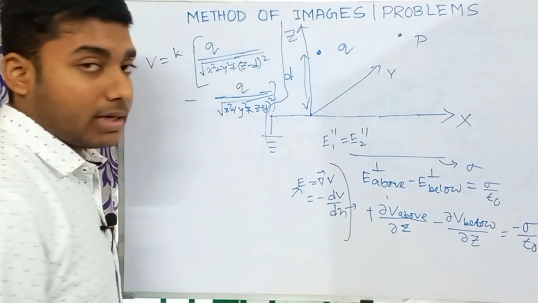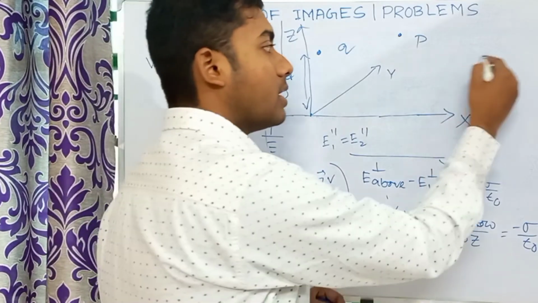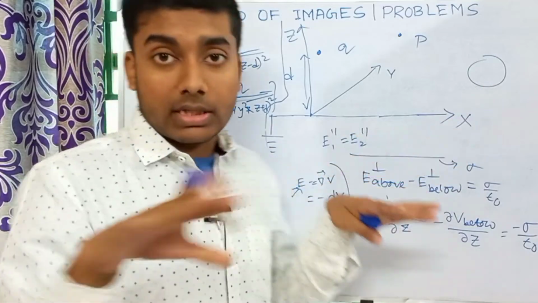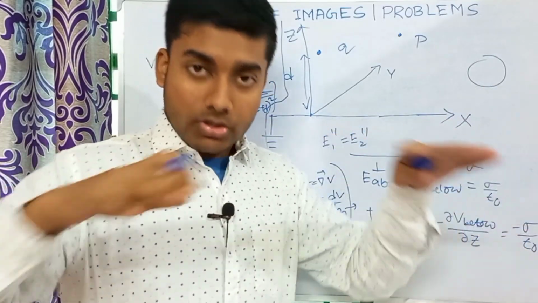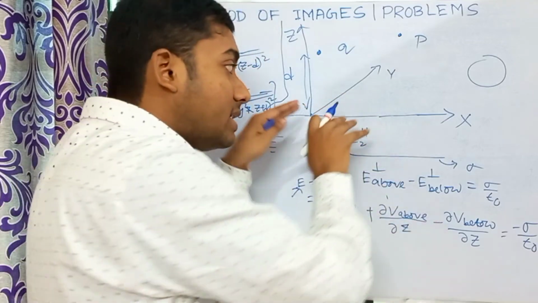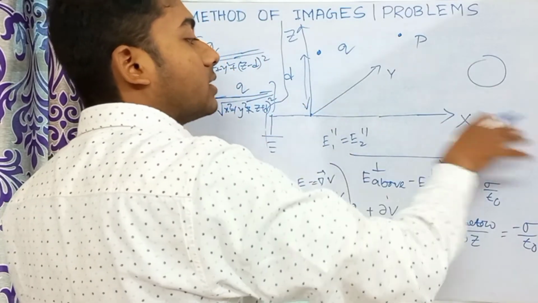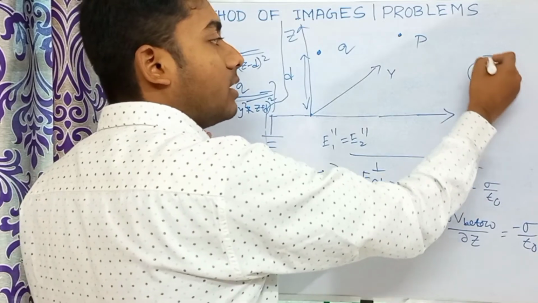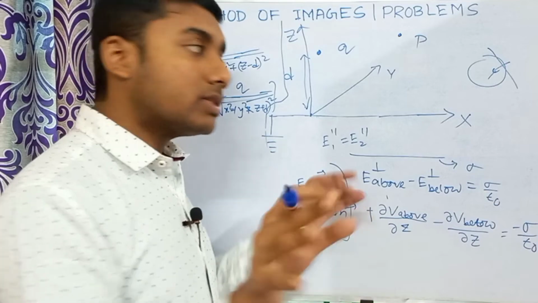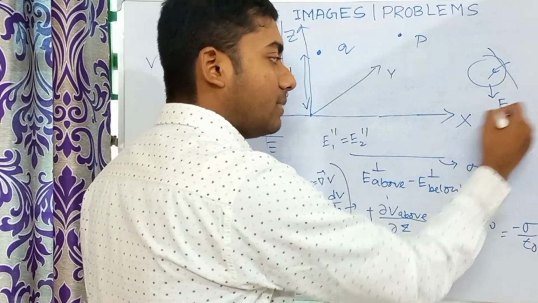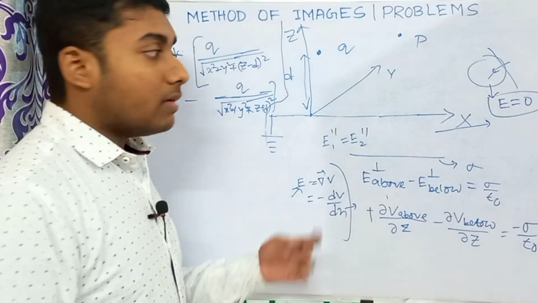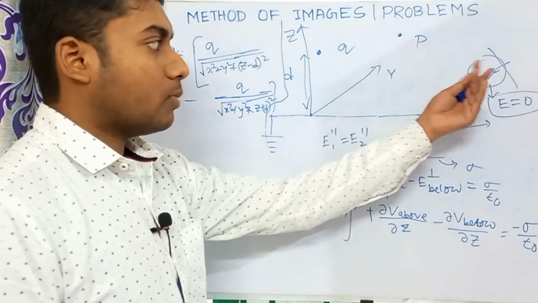Now for a conductor, we know that inside any conductor the electric field is always 0. This is an infinite conductor, so below this conductor, inside, the electric field is always 0, because the potential is constant.